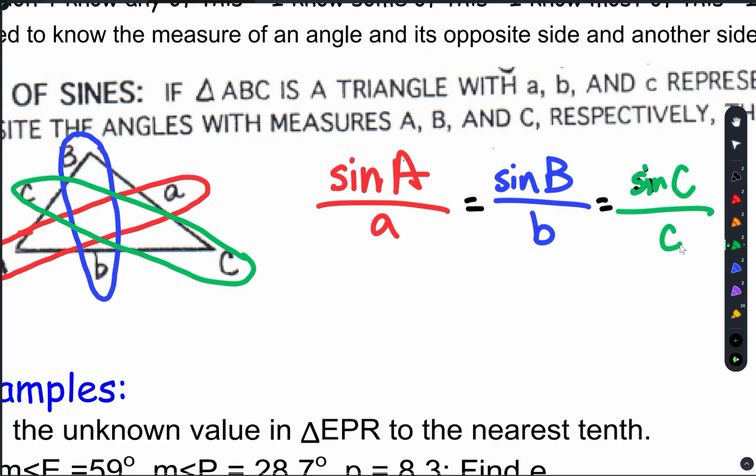You're going to just do a fraction equals another fraction. But you can mix and match, whether you do A and C or B and C or A and B. That's our proportion. It's not too bad. The hardest part is going to be solving these.